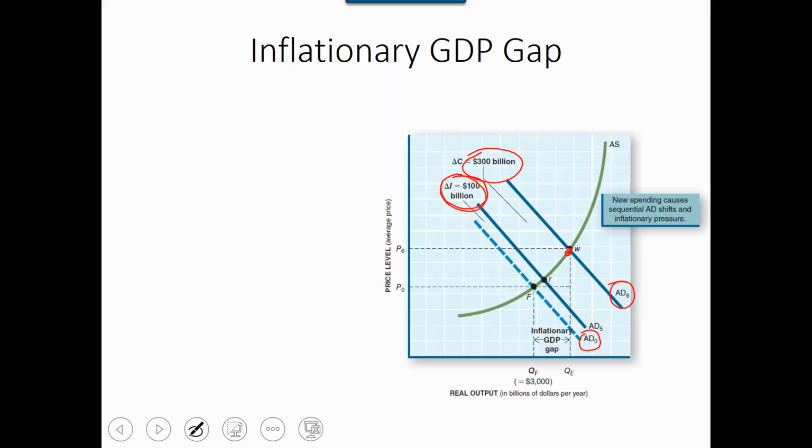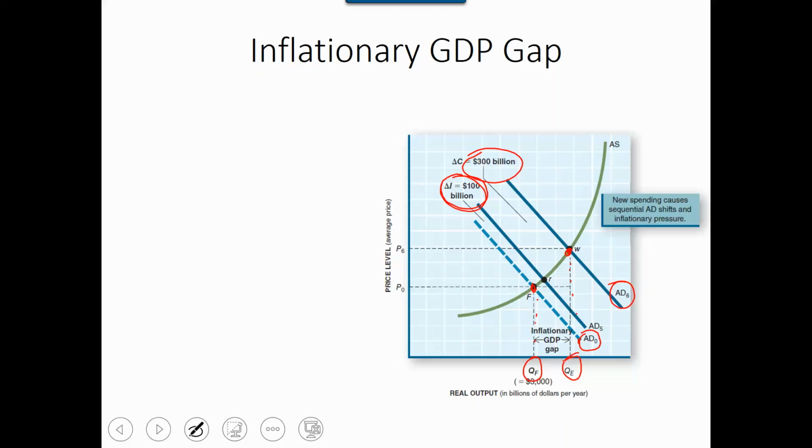The initial equilibrium point is F. Corresponding to F, we get QF. So the initial aggregate demand already landed at a very perfect location, that is full employment GDP. After the investment boom in the economy, the final equilibrium ends at QE. So QE is the equilibrium GDP after we shift the demand curve. Then we find QE is larger than QF.